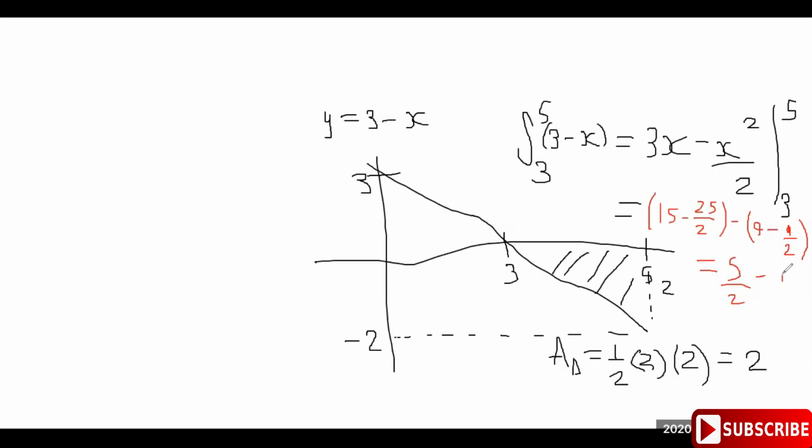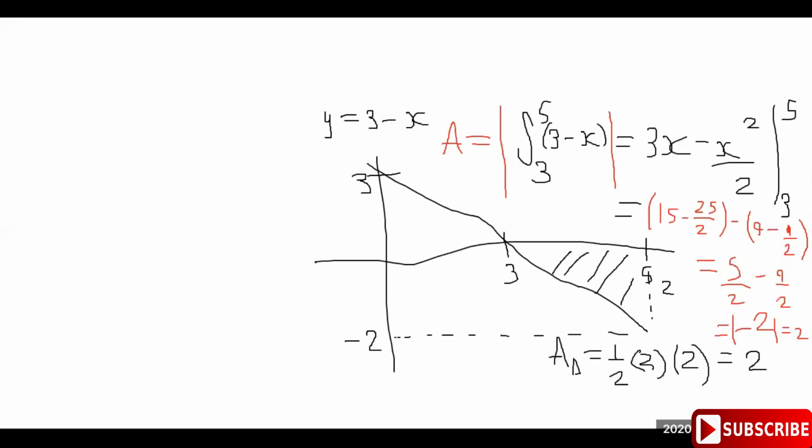So that works out to be 5 over 2 minus 9 over 2, which is equal to -2. Notice that when we integrate, we get negative when it's below the x-axis. And so in order to get the area, which needs to be positive, it would have to be the modulus of the integral from 3 to 5. That would give us the actual area of 2.